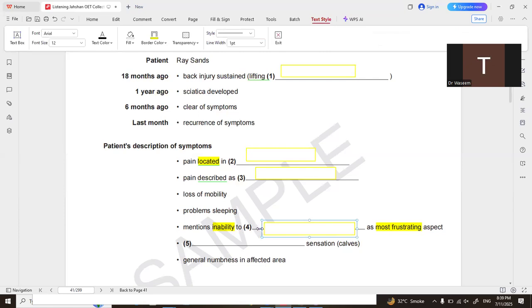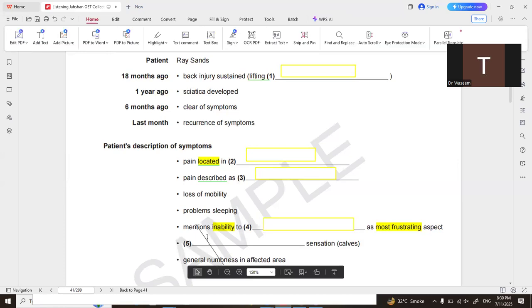Okay, then comes there is sensation in the calves. How many sensations do you think are there with the pain, Dr. Riaz? Can you give me some sensations, the words that are suitable with the sensation?